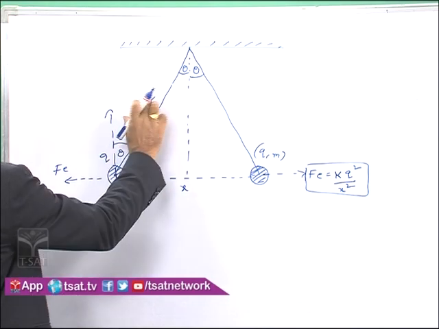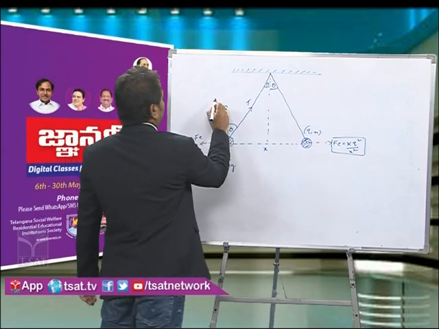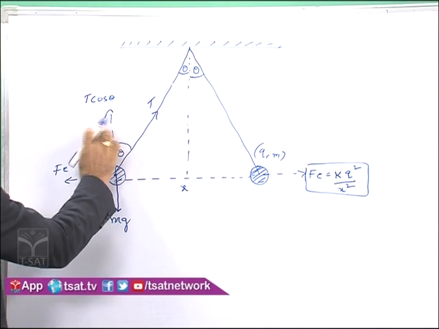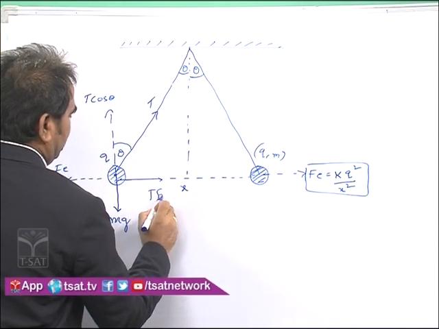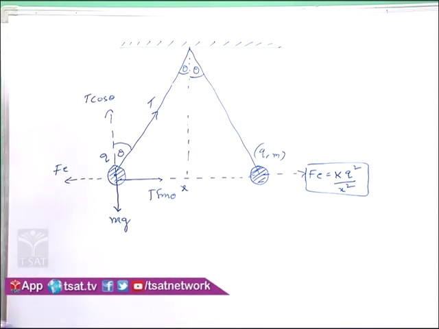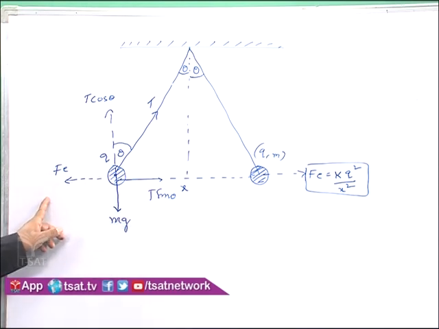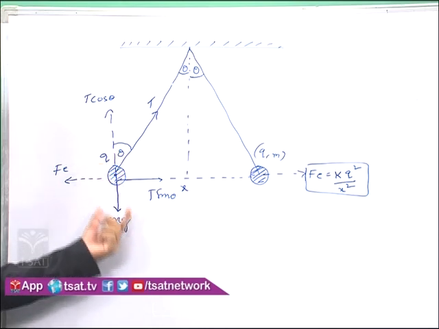The components are T cos theta along the vertical and T sin theta along the horizontal. At the equilibrium condition, T sin theta is balanced with the electrostatic force and T cos theta is balanced with the weight of the ball.